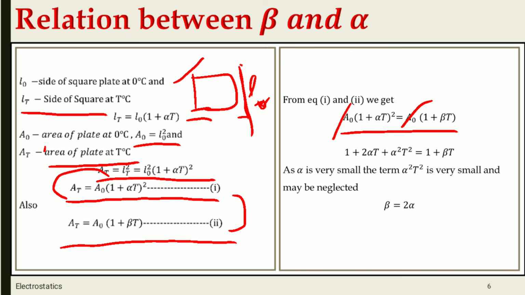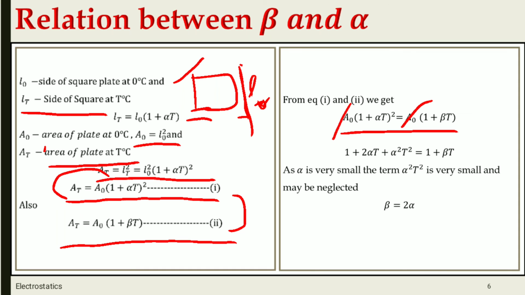So the square of 1 plus alpha T square will be 1 plus 2 alpha T plus alpha square T square, which is equal to 1 plus beta T. As alpha, that is coefficient of linear expansion, is small, its square is again small.